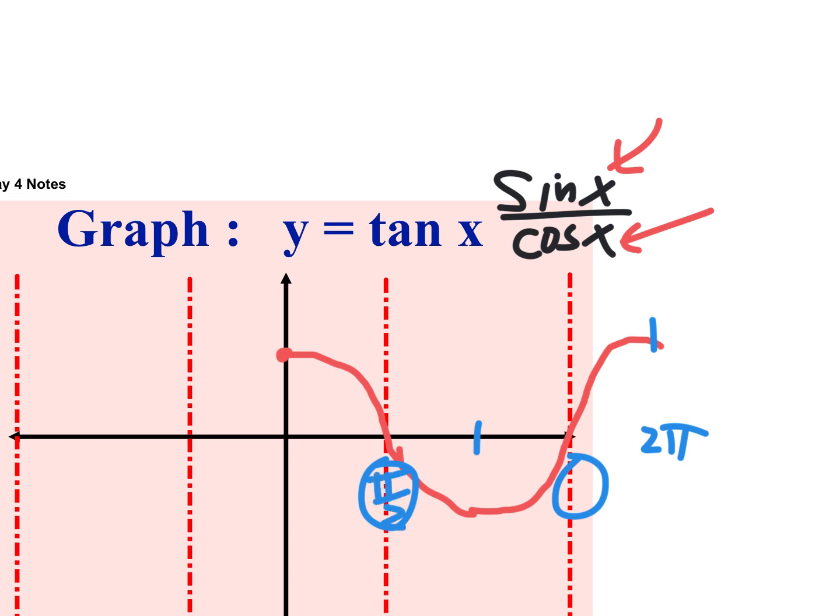Pi over 2. And if I wanted to count it, it'd be 1 pi over 2, 2 pi over 2, 3 pi over 2, and 4 pi over 2. And which ones have asymptotes? Pi over 2 and 3 pi over 2. Does that make sense to you?